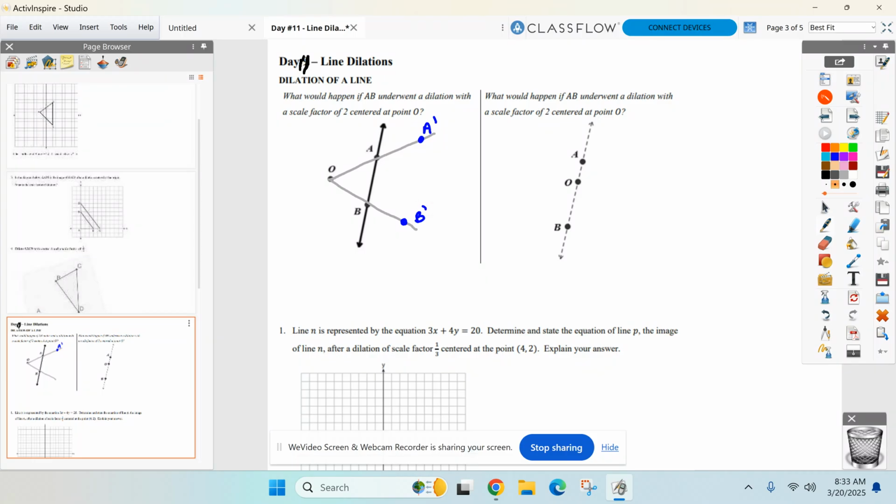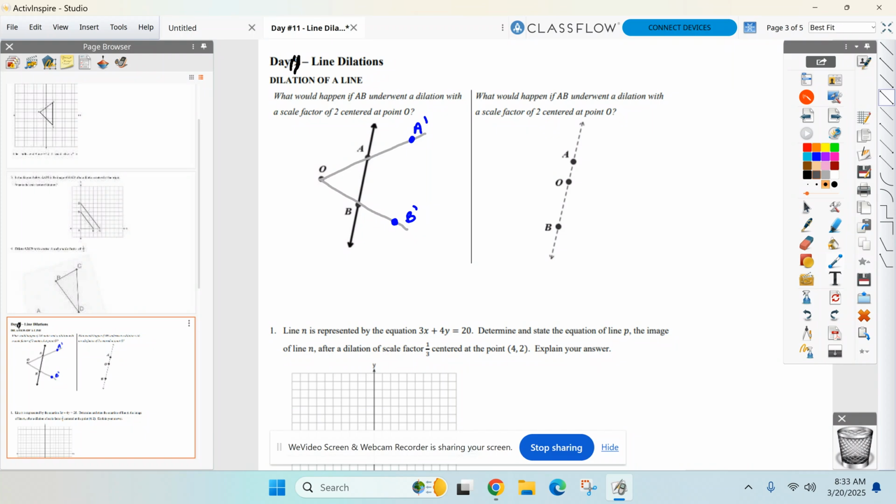Just like we've talked about, the points get further away. Now go ahead, draw in that new line, A prime, B prime. See what happened when I dilated it by 2. Okay, there it is. If I ask you what happened, everyone's going to say, oh, it moved.